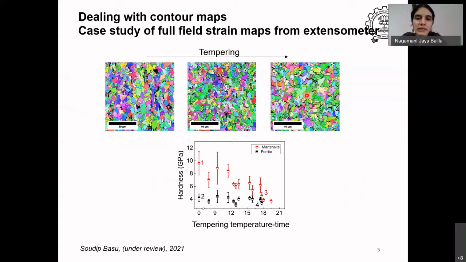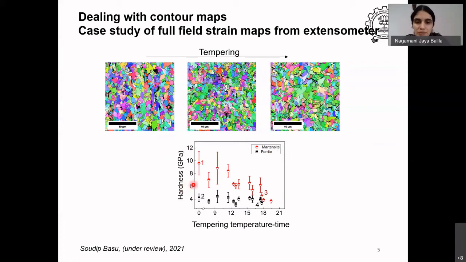In the process, the martensite, the second phase, which had high carbon, loses carbon and becomes softer. So the difference in hardness between the two phases is highest here, and the difference in hardness goes down. And one can measure that using what are called nano indentation experiments, which is a case study that will be shown to you in next week's lectures.